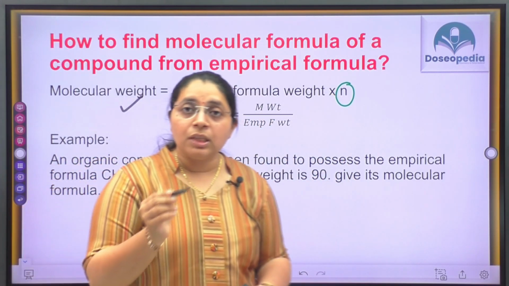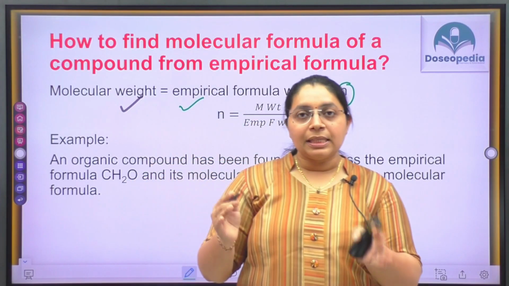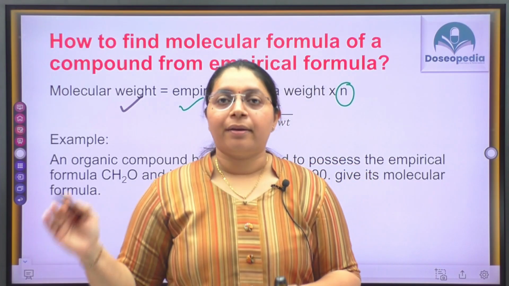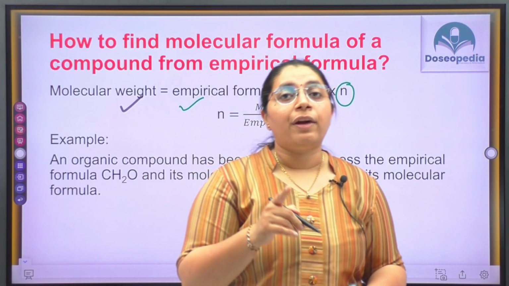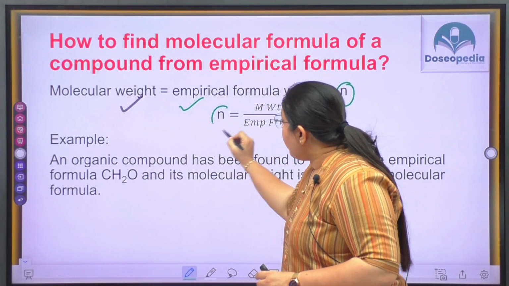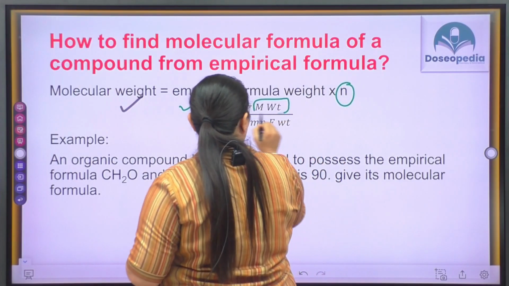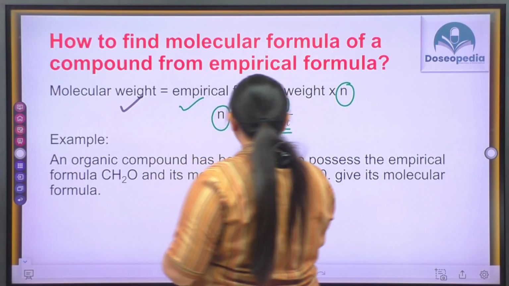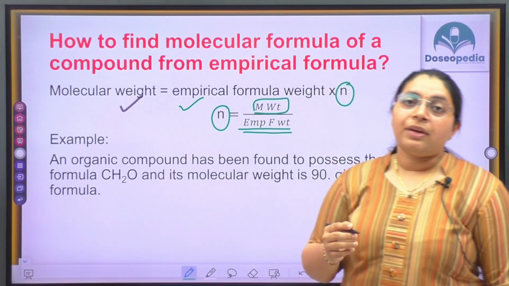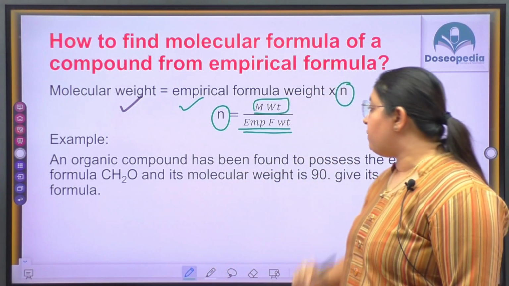As we have seen in the previous slide, molecular formula is equal to empirical formula multiplied by the number n. So we have to find n. So n will equal the molecular weight of the compound divided by the empirical formula weight. By using this equation, we can easily find the n number. Let's see with the example.